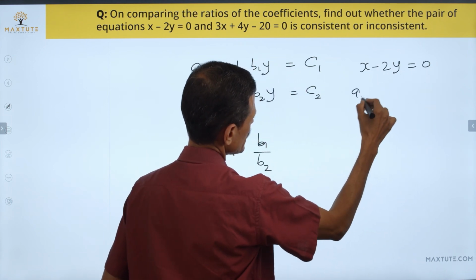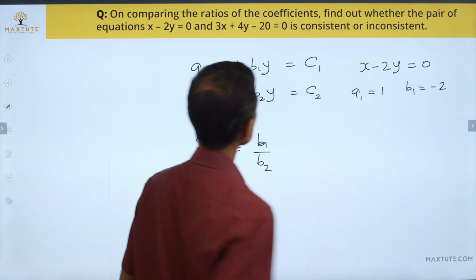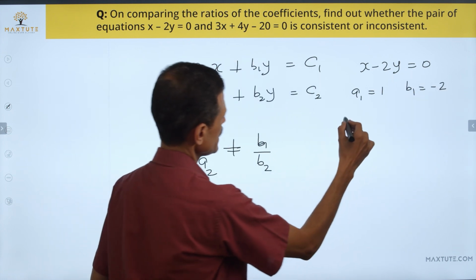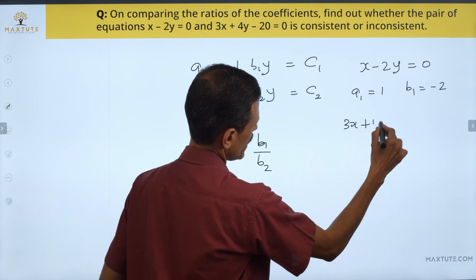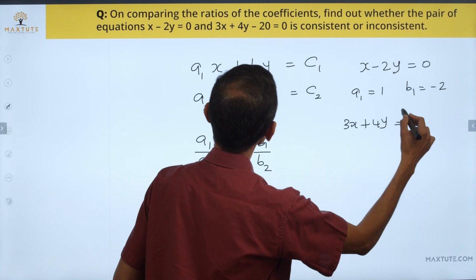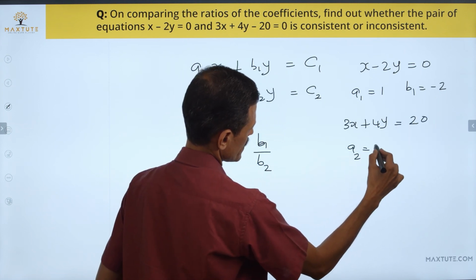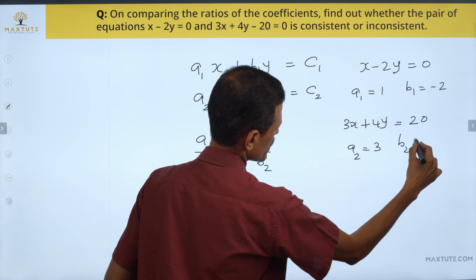So A1 in this case is 1, B1 is equal to minus 2. Second equation is 3x plus 4y minus 20 equals 0. We'll write it as 3x plus 4y is equal to 20. So A2 in this case is equal to 3, B2 is equal to 4.